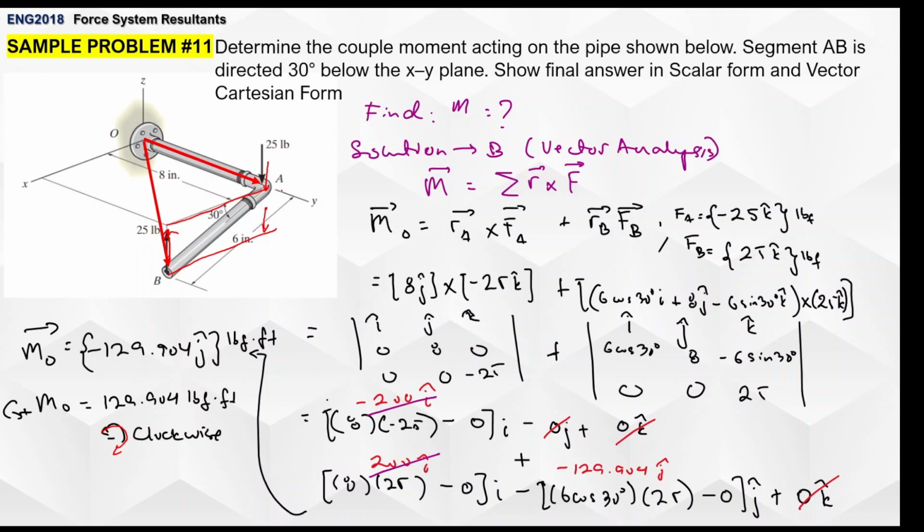And remember, due to the principle of transmissibility, this is its line of action, so it passes through there. This one goes in here. At this particular point, they have k, and this one is going down, hence negative 25 k, and then positive 25 k here, pound force.